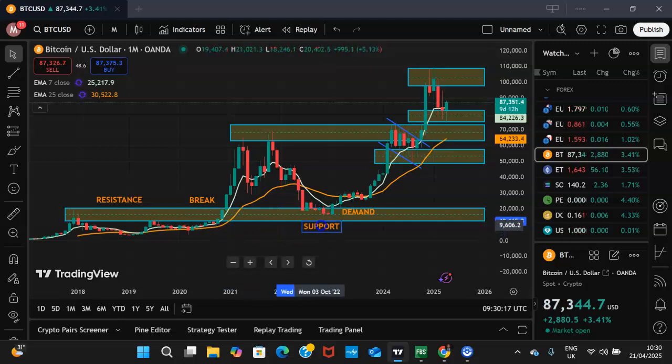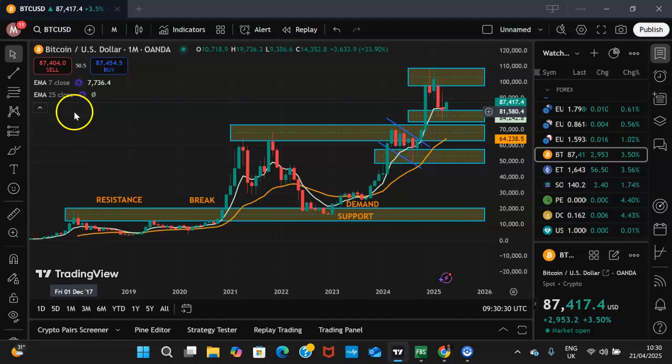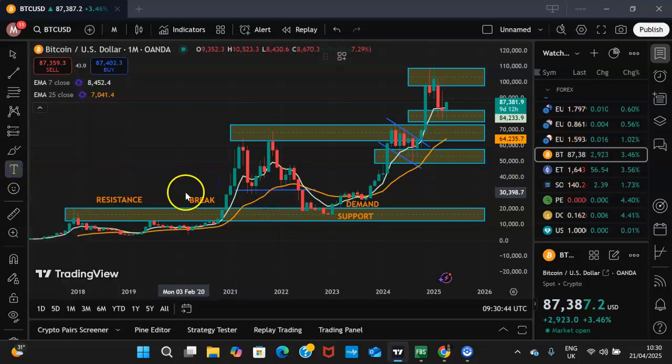Now let me take this up a bit. If you pay attention to this area, you can see we have an equal low liquidity sweep here.